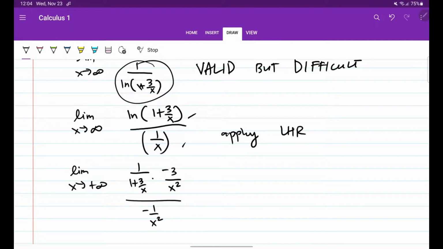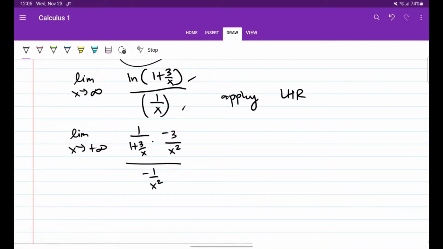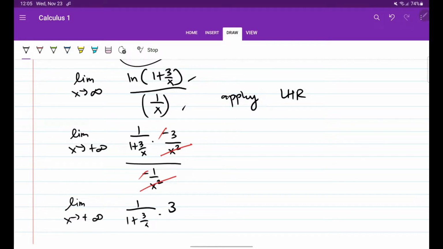Okay? So, ngayon, anong meron na tayo? Diba? So, let us try to simplify. So, yung x squared dito, magka-cancel. Yung negative, magka-cancel din. So, we are now left with limit as x approaches positive infinity ng 1 over 1 plus 3 over x times 3.